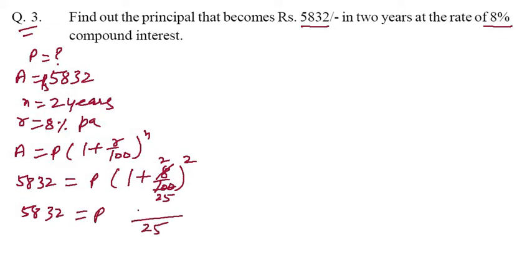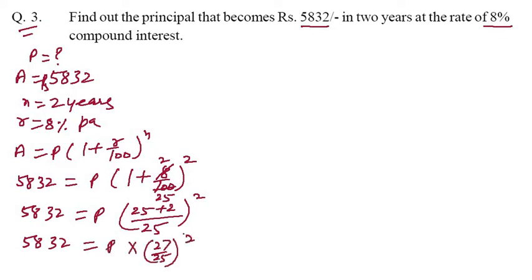Taking their LCM 25, 5832 will be equal to P into 27 upon 25 and whole power is 2. So 5832 will be equal to P into 27 into 27 upon 25 into 25.